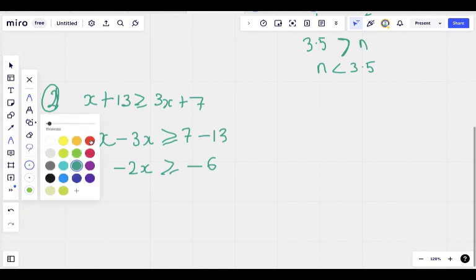Like we said, because we're looking for x, you divide both sides by negative 2, so that only x will remain on the left.